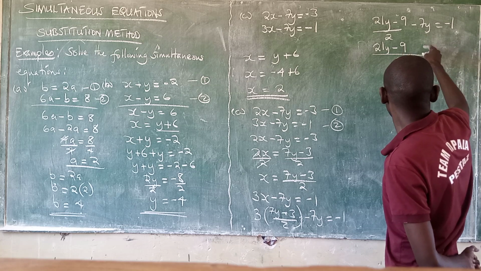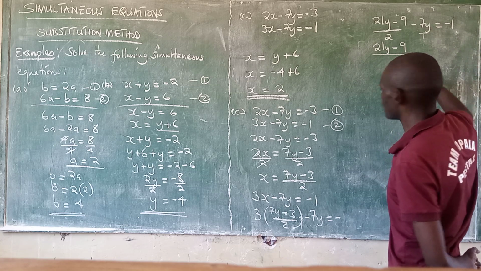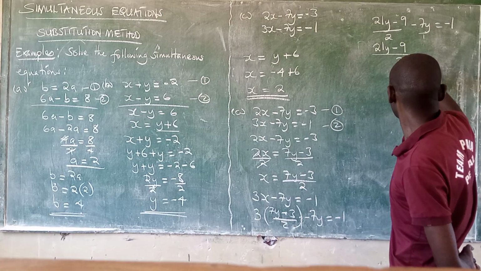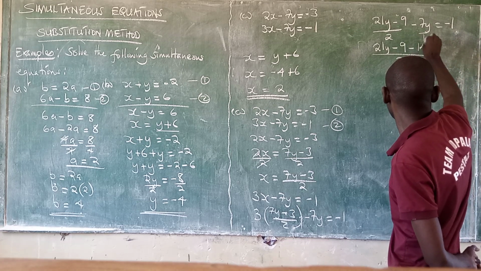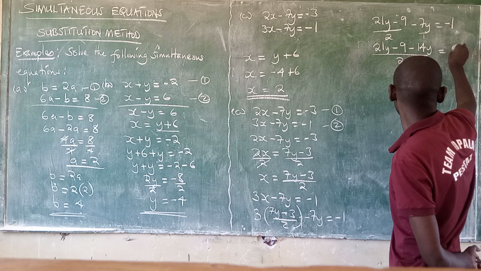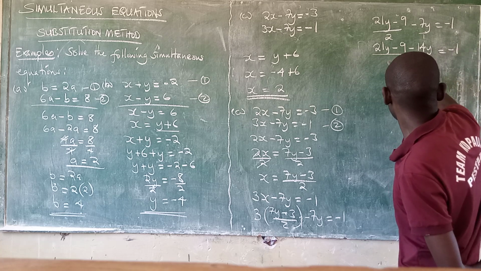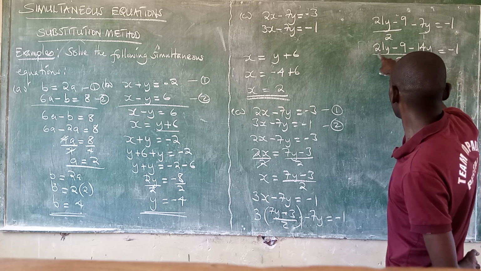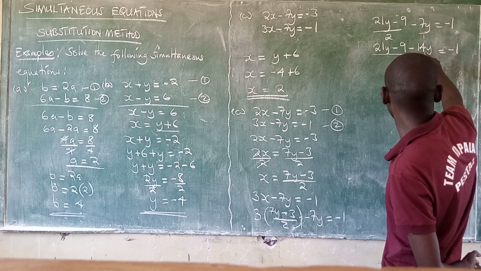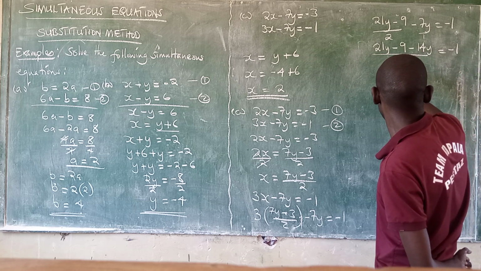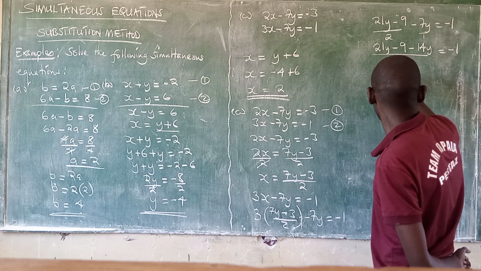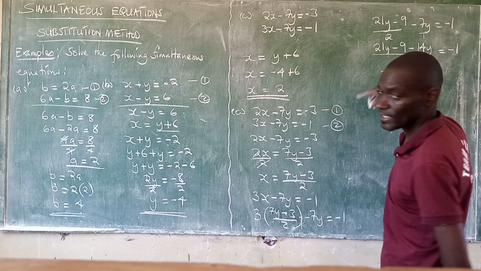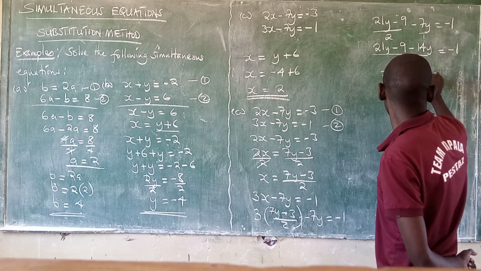Then here, 1 into 2, it's 2 times negative 7y, which is negative 14y, equal to negative 1. Then 21y minus 14y will give us 7y minus 9 over 2. It reduces to this, is equal to negative 1.